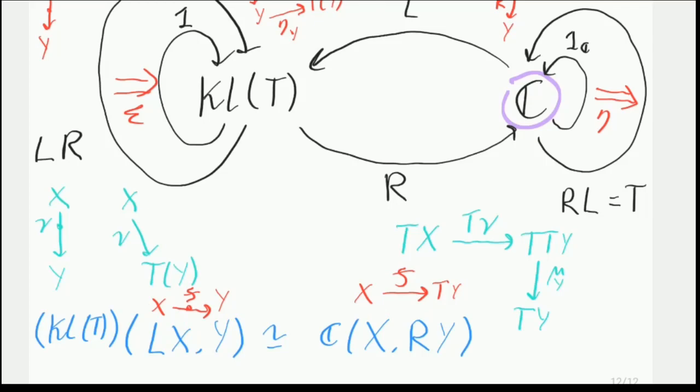Well, that just happens directly from the definition of a Kleisli category. That's how we started, by defining what a Kleisli category is. We said that a Kleisli arrow from X to Y corresponds to an ordinary arrow from X to T of Y. And it's that correspondence which is precisely this adjunction, which is allowing us to go between these two different kinds of arrows.